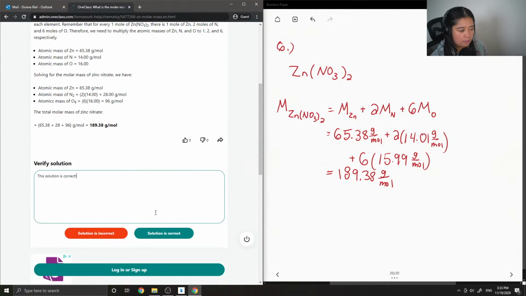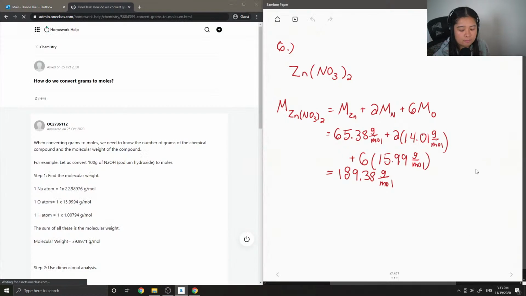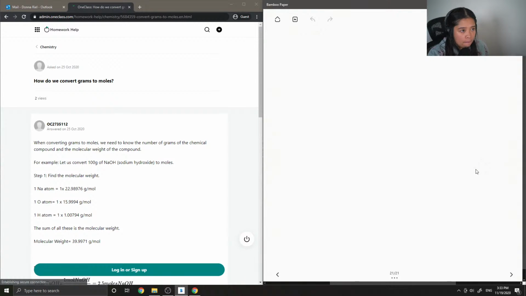Okay, so now let's move on to question number 7. Question 7 just asks, how do you convert grams to moles?